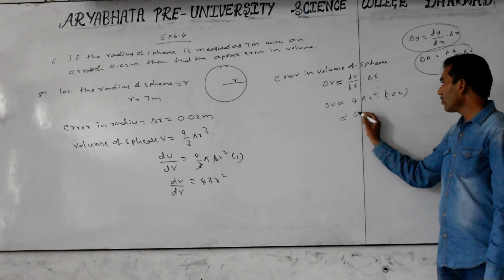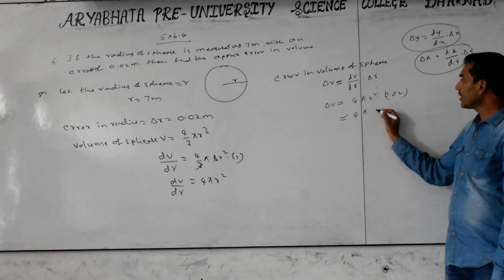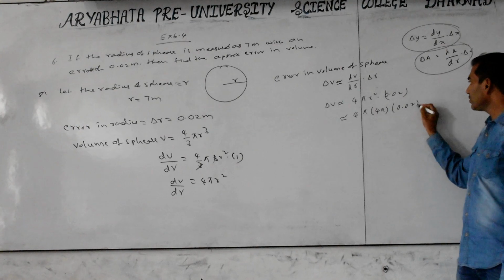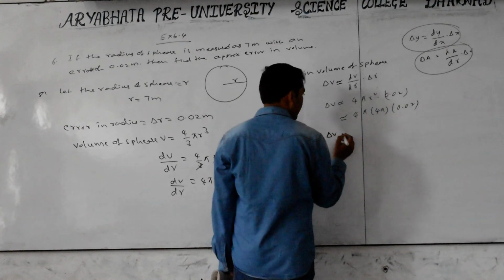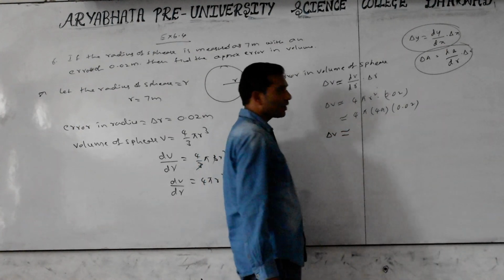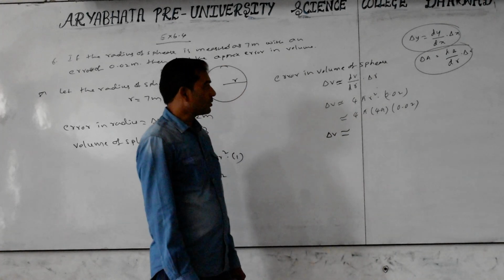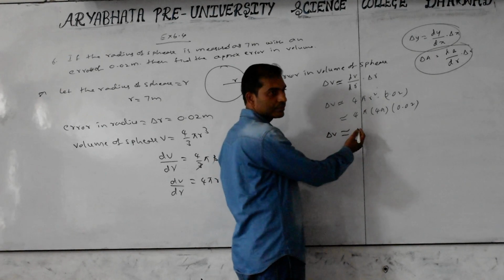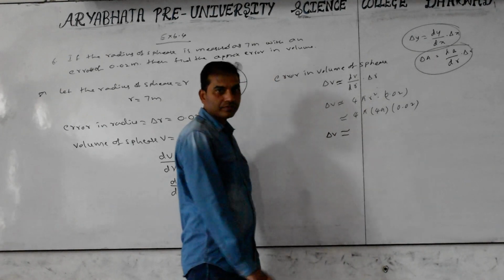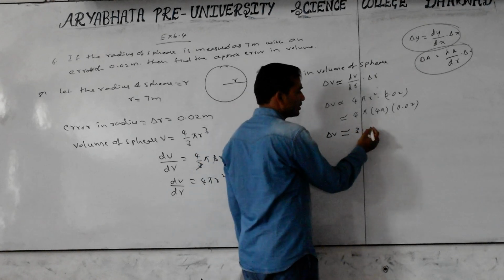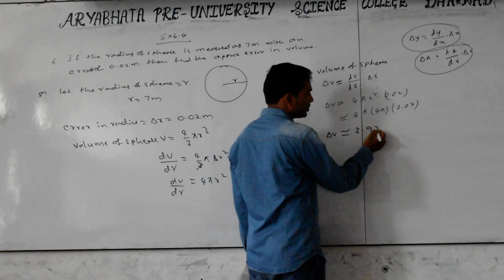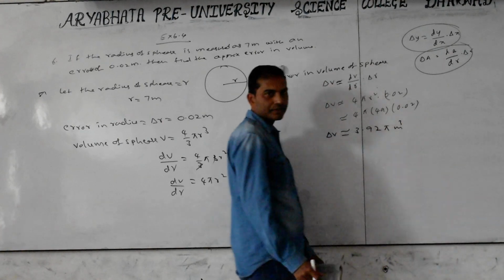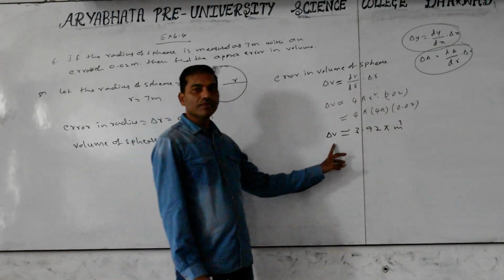Substitute here 4 pi r square, r equal to 7, square 49, into 0.02. So delta v equal to 4 into 49 into 0.02, 3.92 pi meter cube. This is the change in volume.